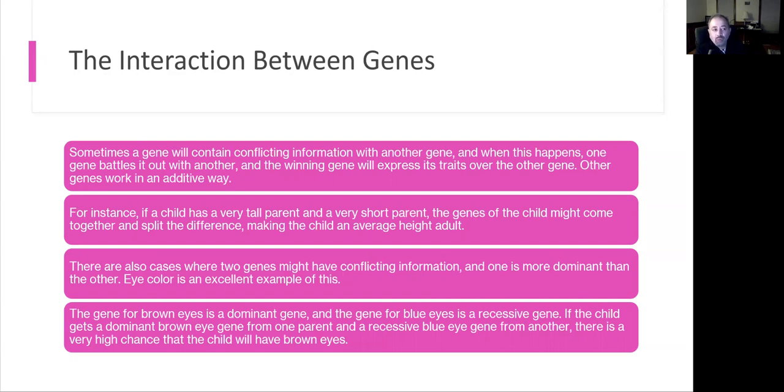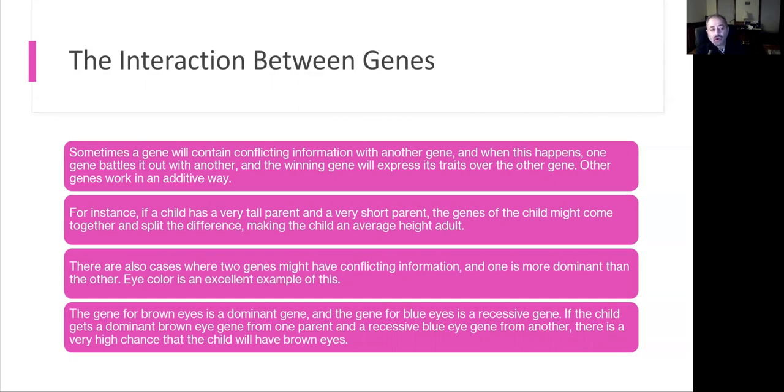The other gene will work in an additive way. So if there is conflicting information, one gene will battle with the other, and if it overcomes, the other gene will work in an additive way.